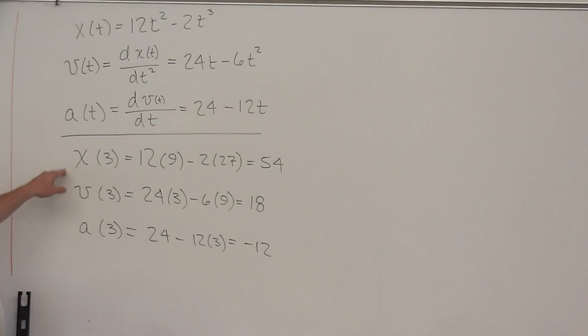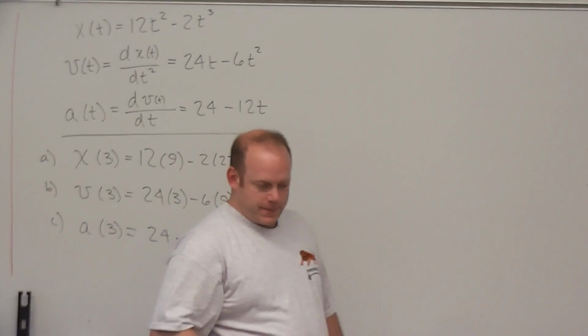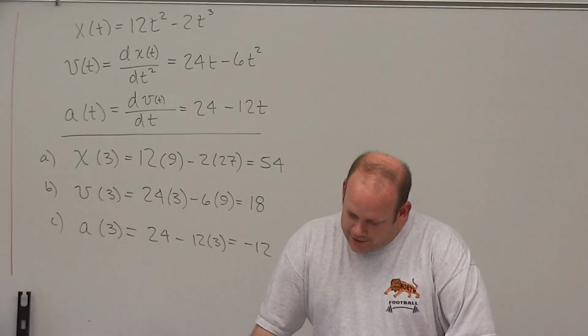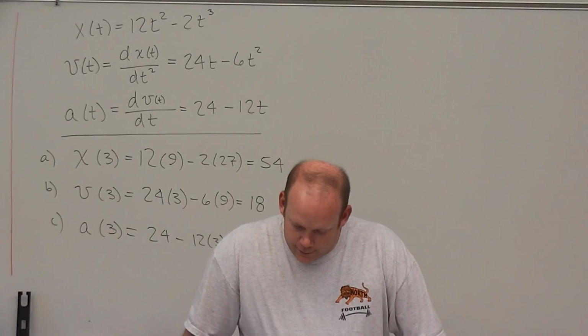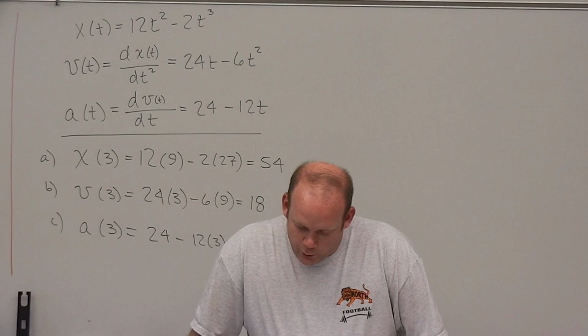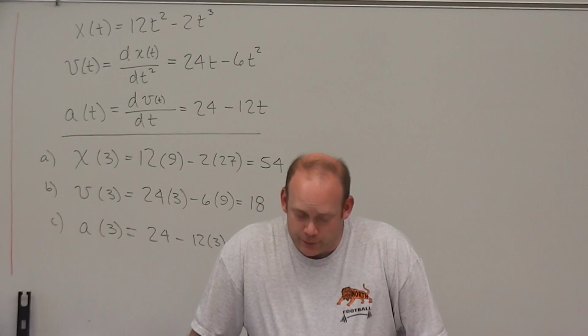Okay, so that's A, B, and C for number 17. Okay, parts D and E, it's really D and E I'm going to find here. What is the maximum positive coordinate reached by the particle, and at what time is it reached?